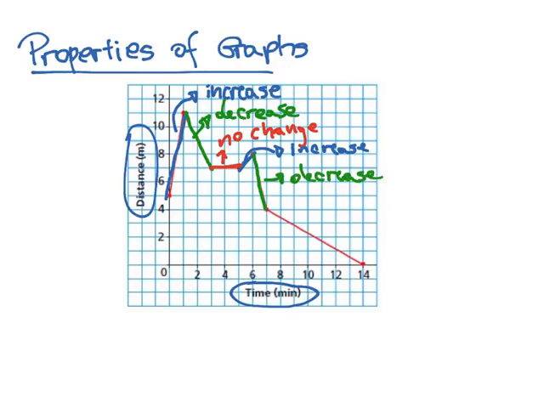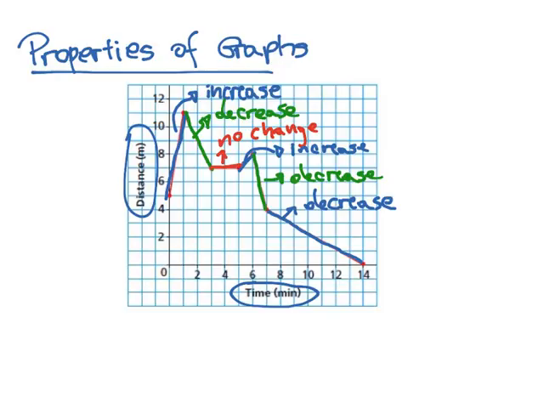And the last segment is an even smaller decrease. In this situation, distance over time tries to explain that this is some type of speed.